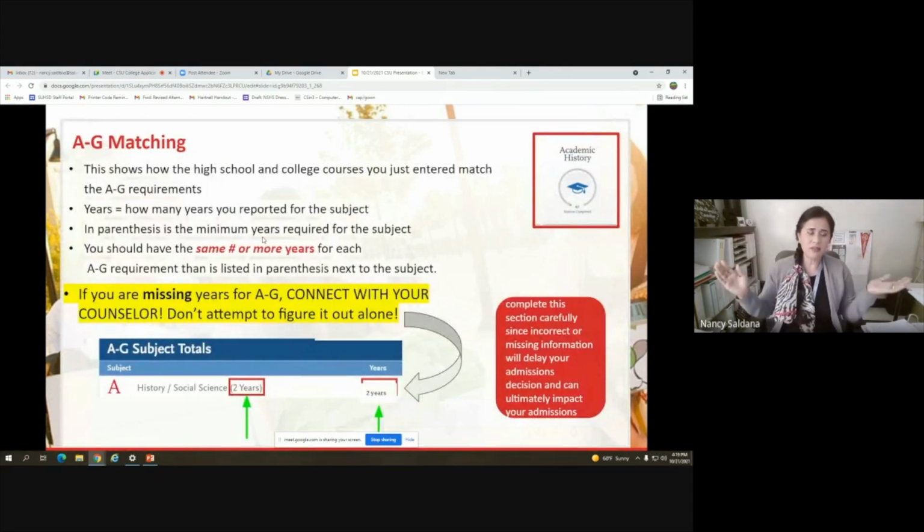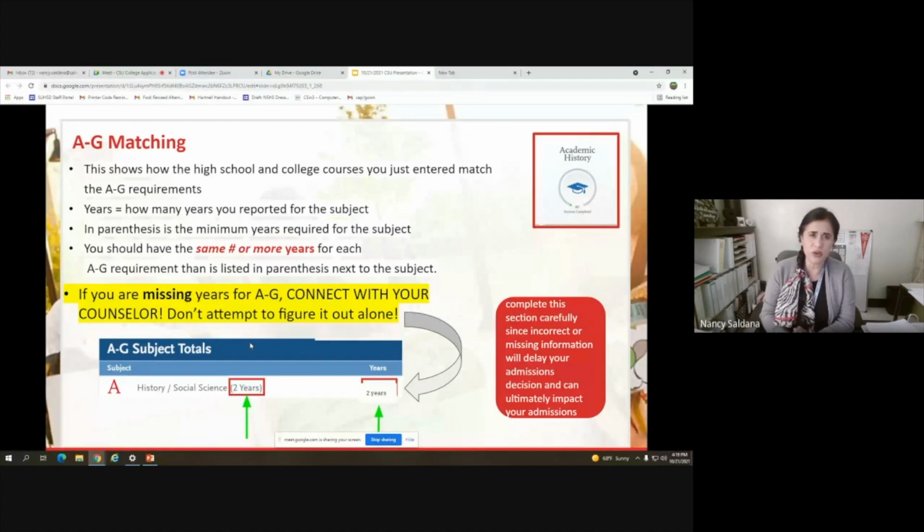So once you're done with inputting your college coursework and your high school coursework, you are then going to be reviewing your A through G subject totals. So this is somewhat tricky.